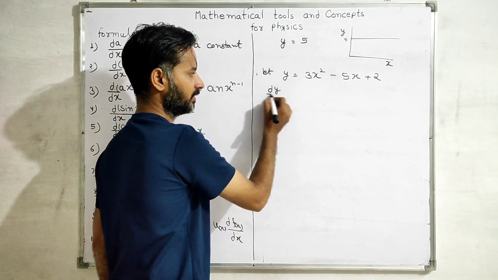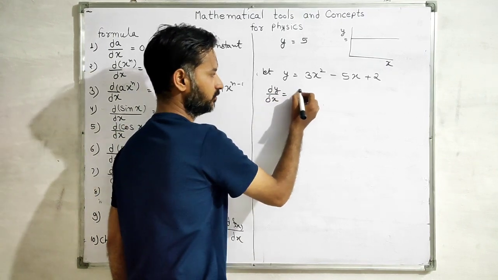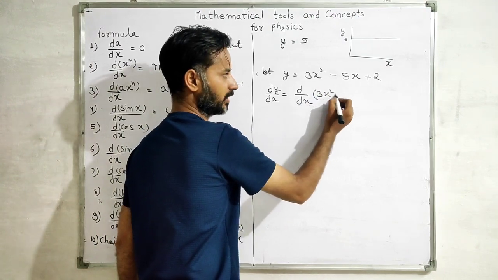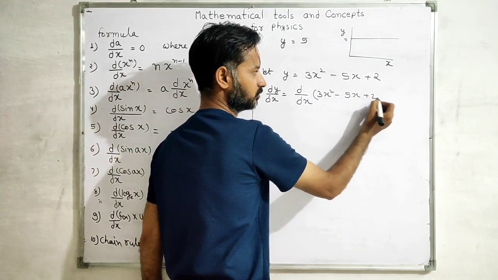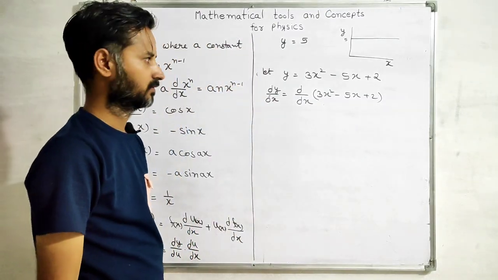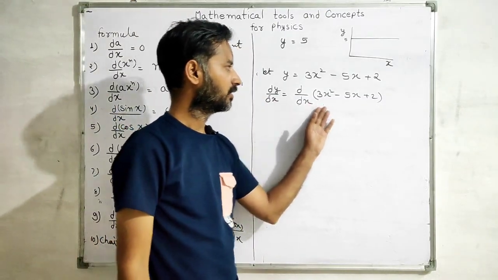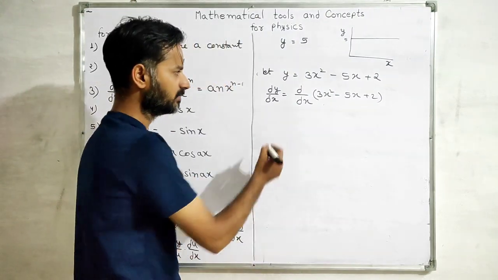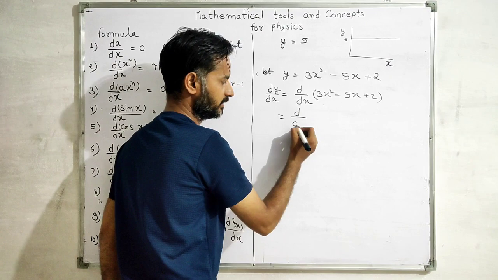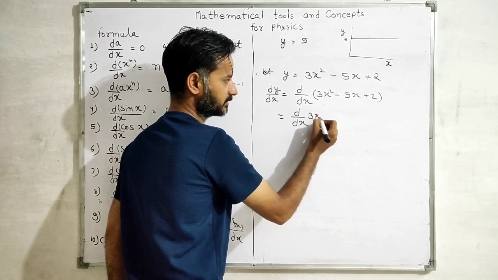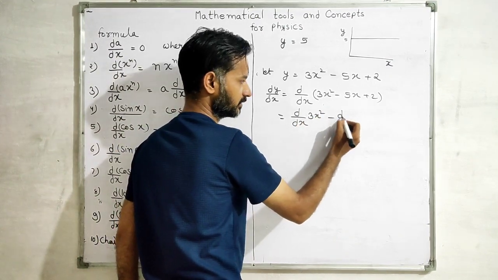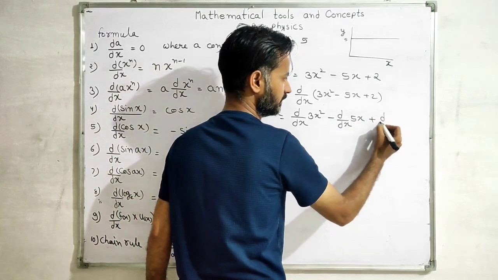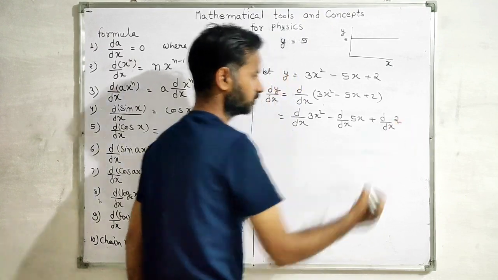Then we get dy by dx is equal to d by dx of 3x square minus 5x plus 2. Here differentiation become d by dx 3x square minus d by dx 5x plus d by dx 2.